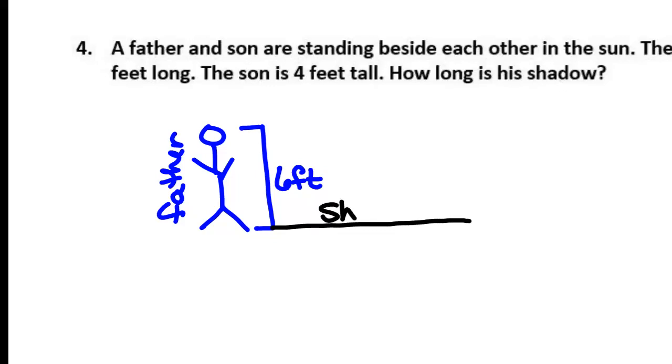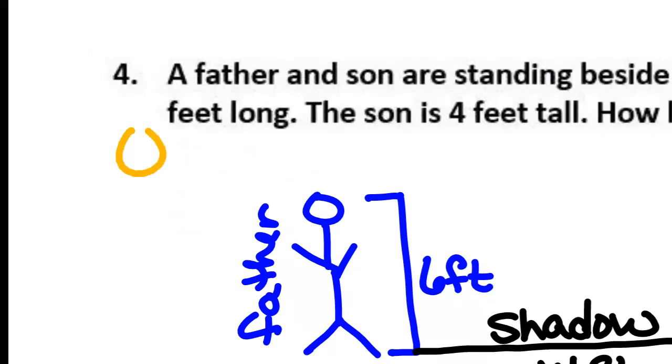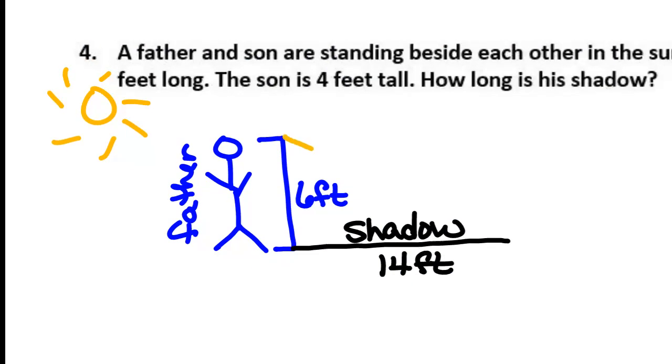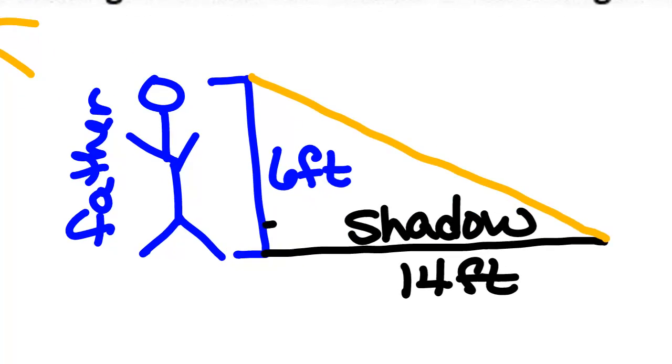So here's his shadow. 14-foot shadow. If he's casting a shadow, then the sun has to be somewhere. And those sun's rays would make the third side of our triangle. Father standing up straight on the ground, so him and his shadow are making a right angle.